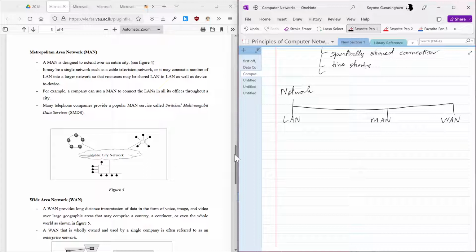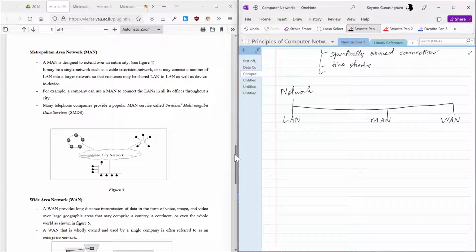It's in the name: metropolitan, from metropolis, a city. The metropolitan area network can cover a city or a couple of cities.